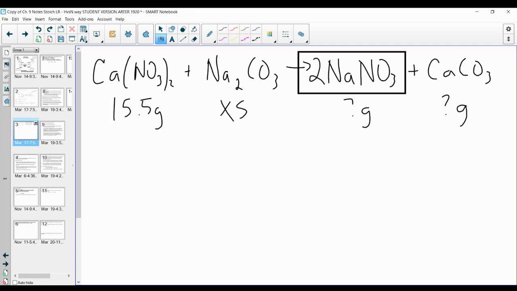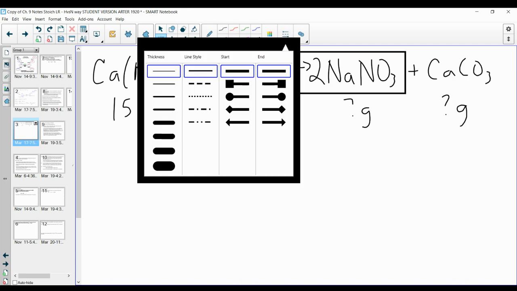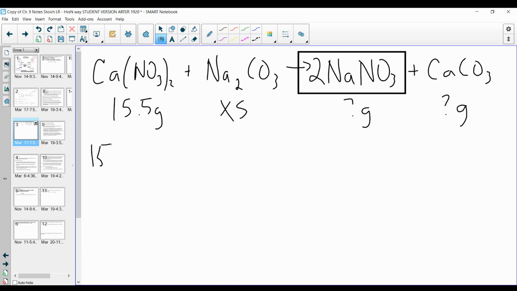If you were not in class, or maybe you missed it, you have to keep track of units and labels through all of your work for these types of problems. I will be evaluating that. So if you're not keeping track of units and labels, you will miss points. Okay, so I just want you to keep that in mind.